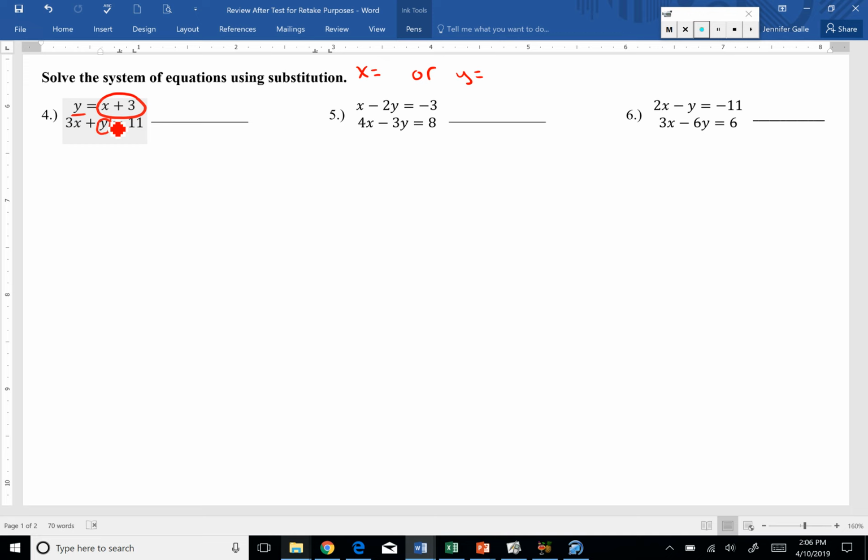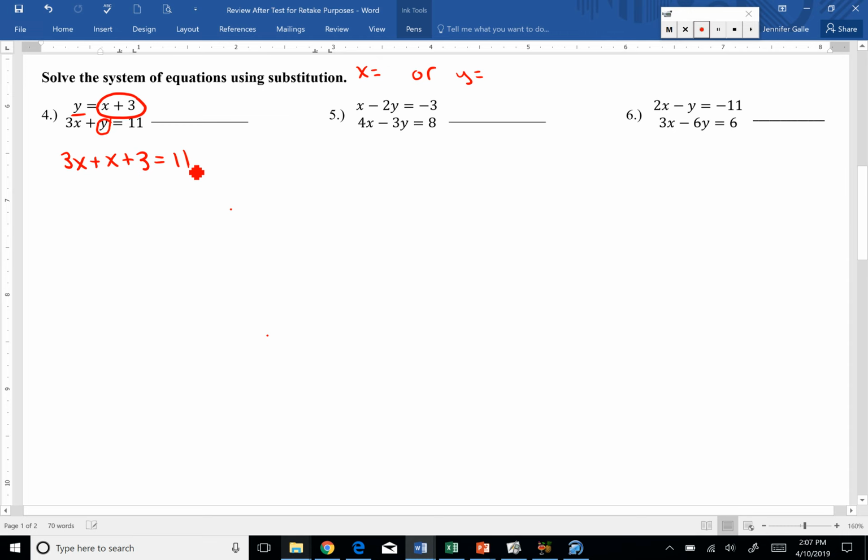So what that will look like then, the second equation, the 3x is going to stay. The plus sign is going to stay. But instead of y, we're putting in what we have circled, which is x plus 3. By putting in that x plus 3, I no longer have a y to worry about in the equation.